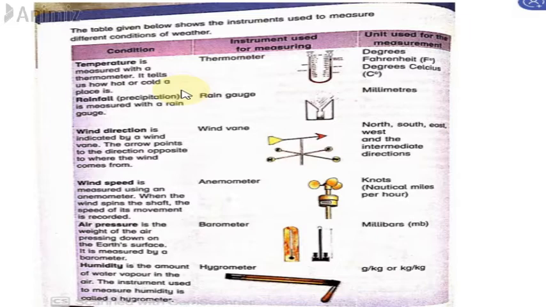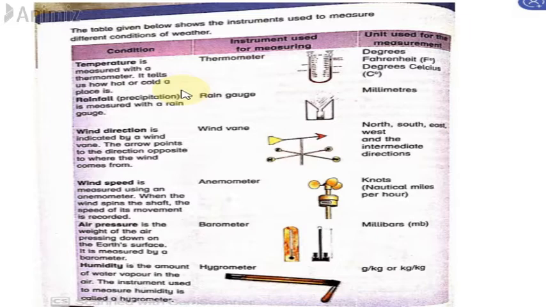Temperature is measured with the thermometer. As you have already seen, when you are having a fever, a thermometer is used to measure the temperature of the body. If you have 99, 100 plus temperature, we say it is a slightly higher temperature, so it's not good for a human body. Similarly, if the temperature is very low, that's also not good for the human body.